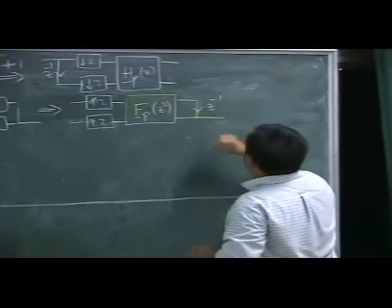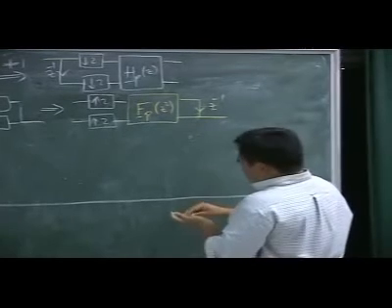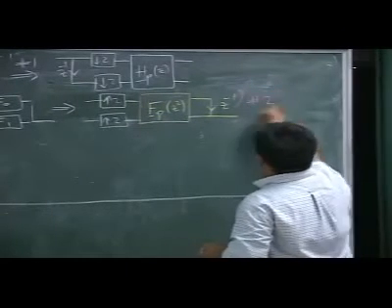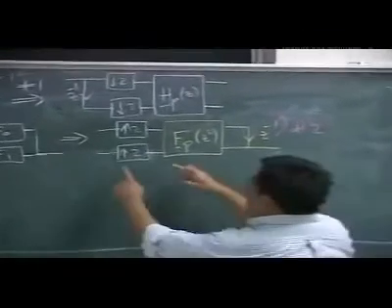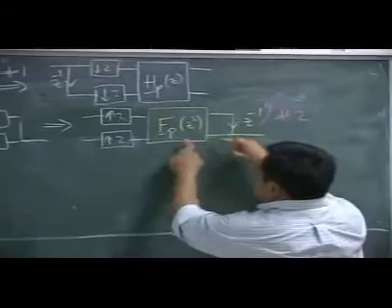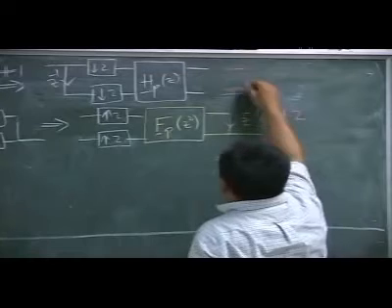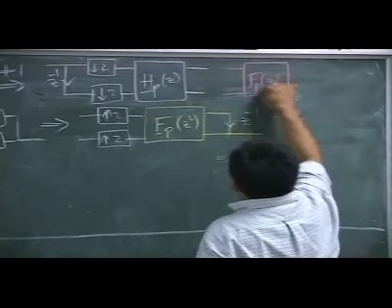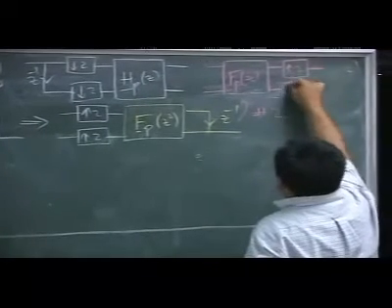From here to here. So let's move this block to this side. What do I say? Fp of Z. That is the upsampling part, okay? So let's see, Fp of Z. And then upsampling by 2.